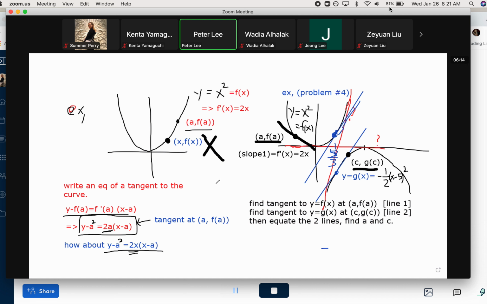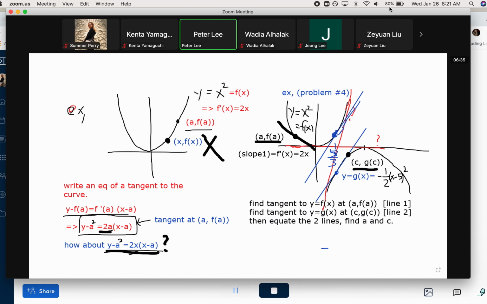You are not sure what you're getting into. Also, when you have to find the slope here, this should not have any x. If it has any x in there, that will be wrong. This is not a line anymore.